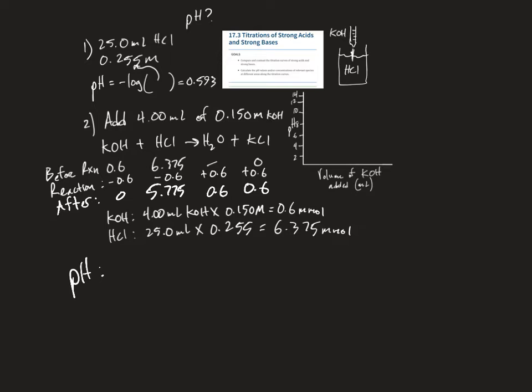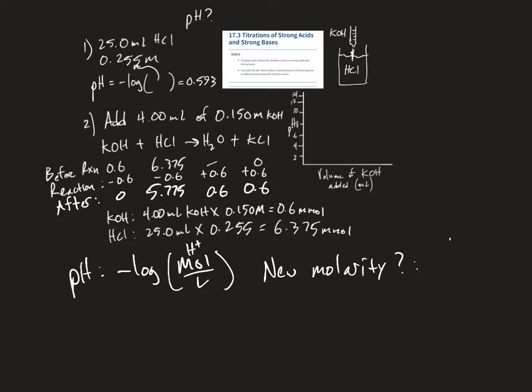So pH, remember, is the negative log of the moles per liter of H plus. So we have to convert our millimoles back to moles per liter. So what is our new molarity? Well, we have 5.775 millimoles of H plus from the HCl divided by what's our total solution now?